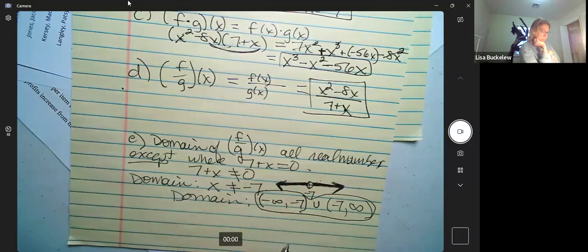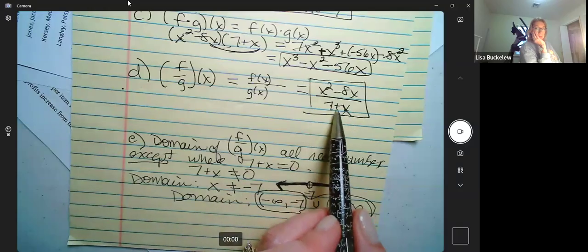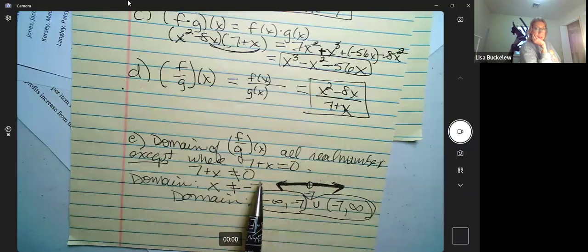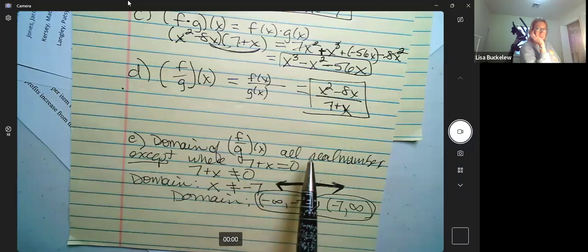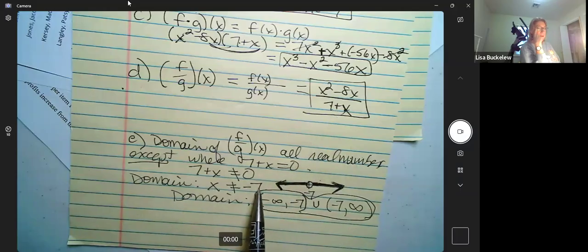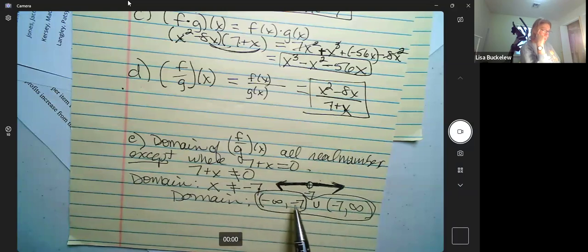Or if we're doing multiple choice, we're looking for the one that has that changeover number, which we got by looking at which one was going to be in the denominator, setting that equal to 0, and figuring out what the x value is. You're basically finding a 0 for this denominator. Once you locate what the bad number is, the one you have to exclude from the domain, you can use that number to set up these two intervals that say basically everything in the number line except that one bad number. Okay.